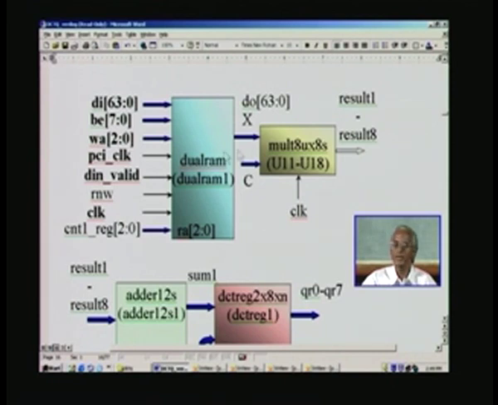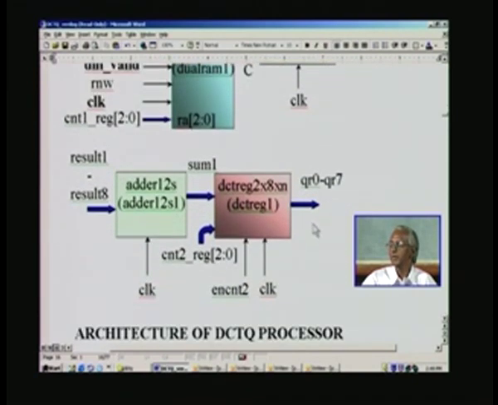Therefore there is no respite for the DCT processor all through, and only here there is a little, in the sense that this partial product will be available to you for 8 clock pulses, because unless this is stationary you can't compute the second partial product, which will take 8 clock pulses, right.